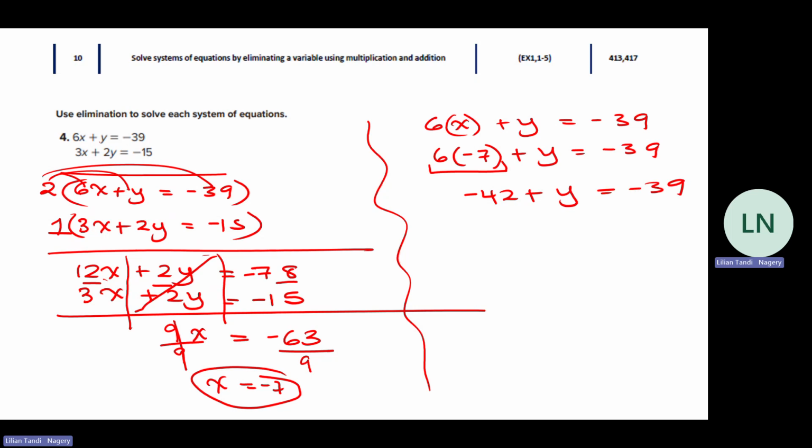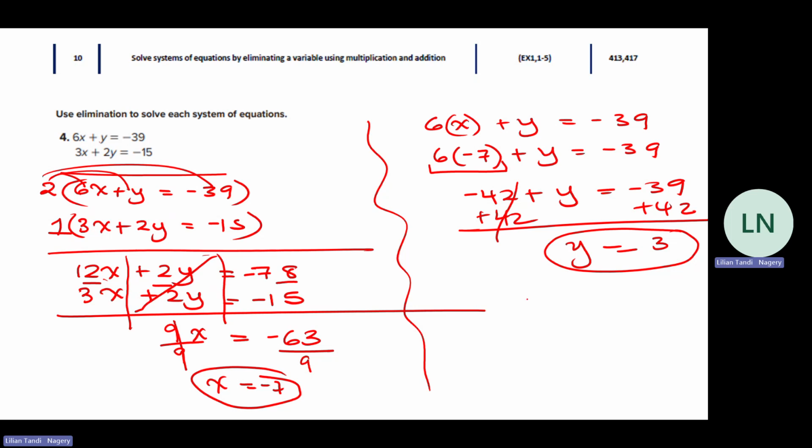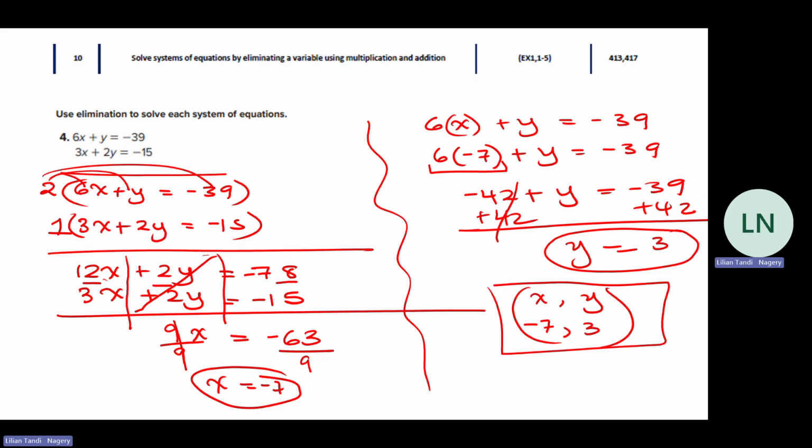Then I will add 42 on both sides. So this goes away. Y equals to 3. X comes before y. This is negative 7. This is 3. And this is your answer.